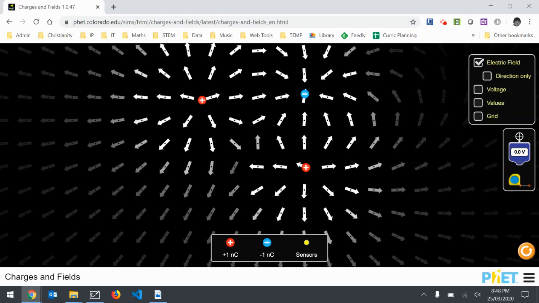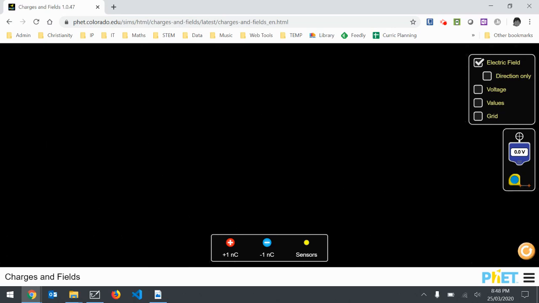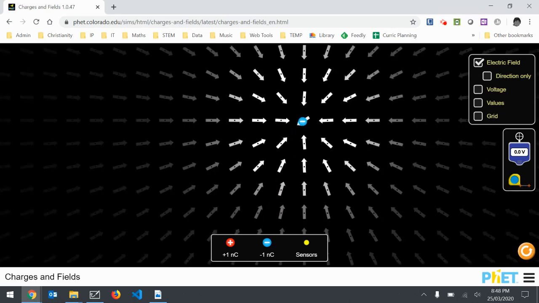Now the field is really in some ways independent from the actual magnitude of the charge, and I'll explain why that is in a second. We should know that all charges are going to exert some force around them.